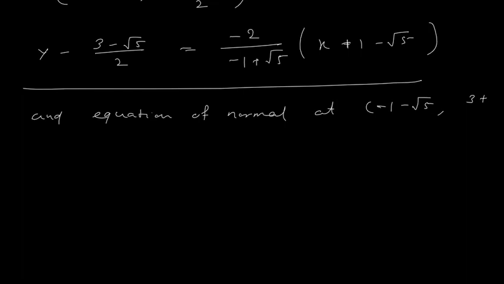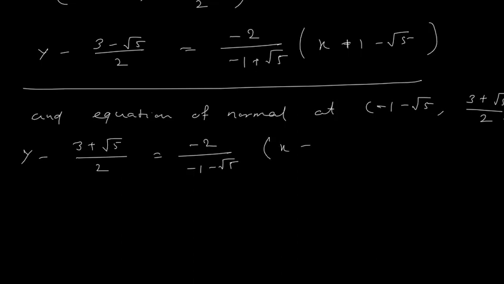The equation of normal at this point is y minus (3 plus root 5) divided by 2 equals m, where m is minus 2 upon (minus 1 minus root 5), into x minus x1.